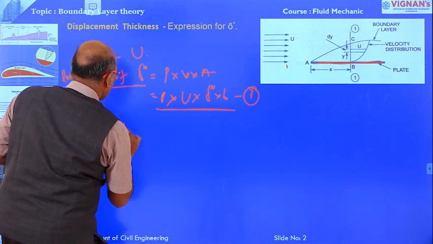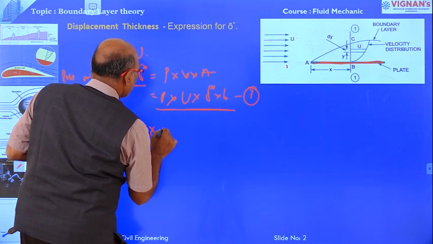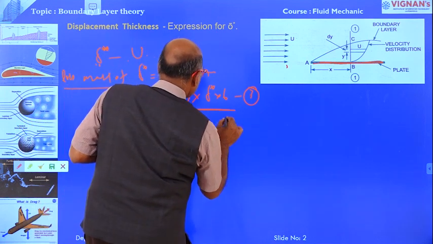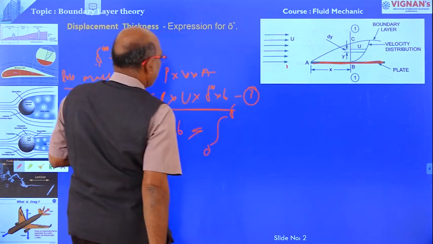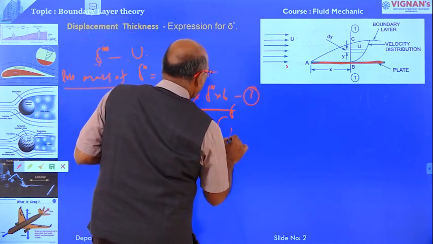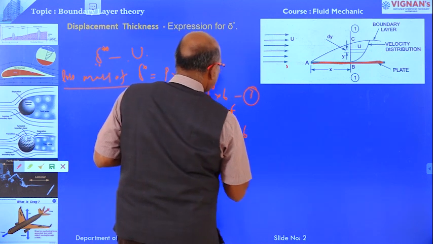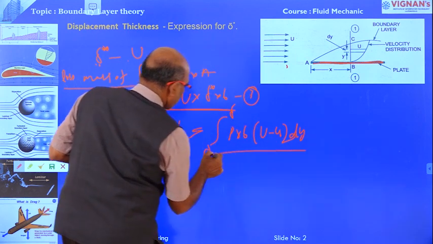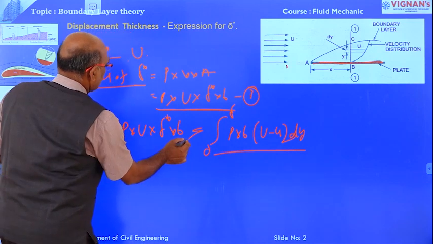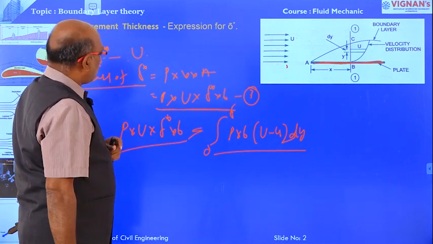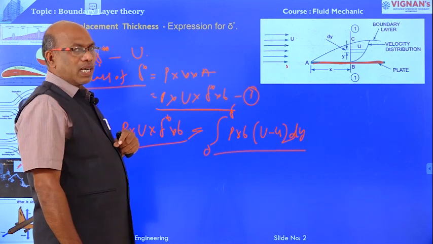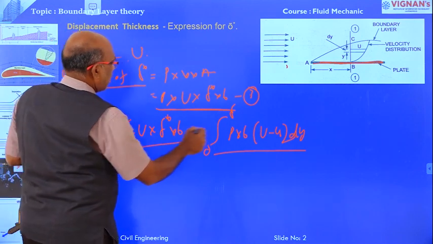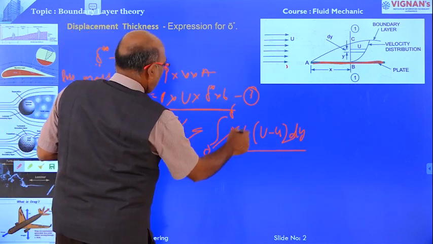Equation number 3: rho into capital U into delta star into b is equal to the integral from 0 to delta of rho into b into capital U minus small u into dy. Already we have derived this equation. Equating these two, finally we get delta star, the displacement thickness. Density cancels, width cancels, right.